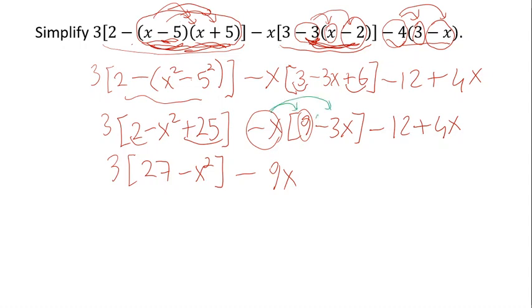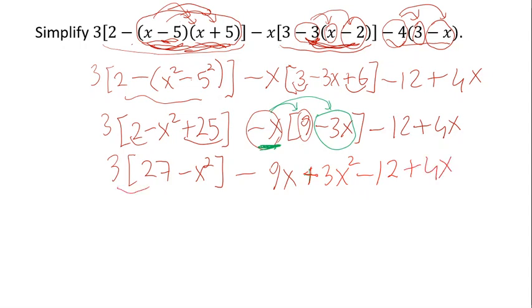And then this one here. If you have only one term here, as I said, you can directly take this sign and multiply with the signs. So it will be plus 3x squared, and then negative 12 plus 4x.